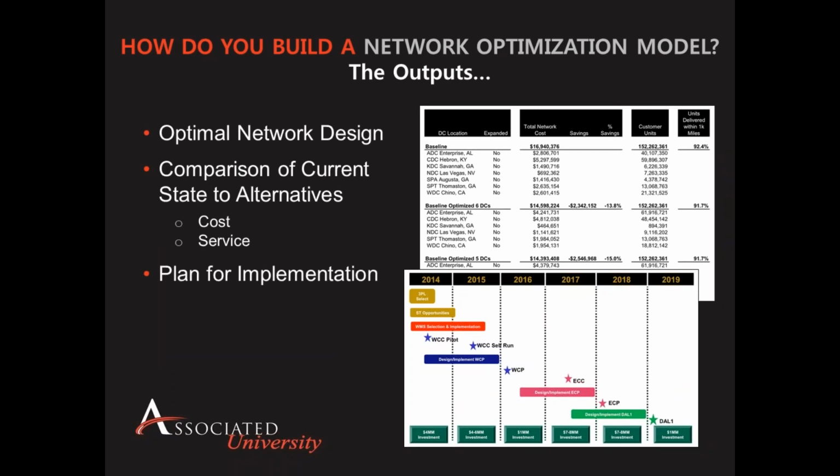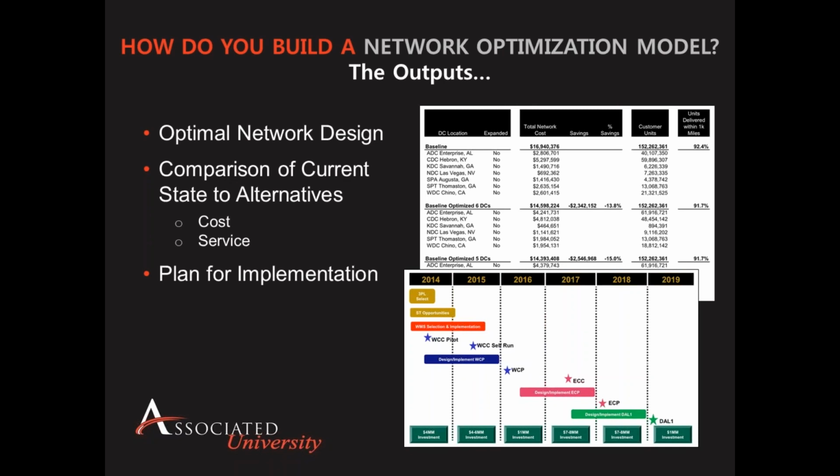And you'll get all of the outputs from a cost and financial perspective, from a volume perspective, what volumes were assigned to which DCs, what are the new service metrics, again, typically expressed in terms of mileage or distance. And again, software in and of itself will not produce an implementation plan for you, but the various alternatives will give you some perspective on how you would want to implement the desired network.